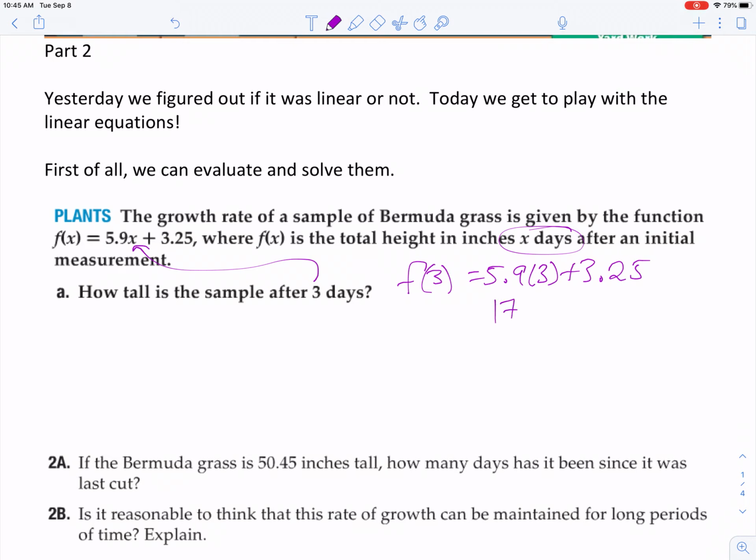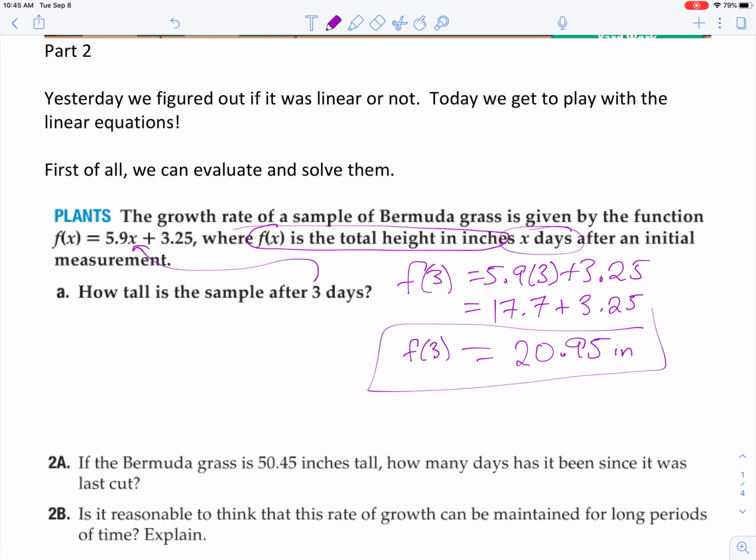That should give me 17.7. Okay. And now I think I'll just add those together, and that's going to give me 20.95. Now, it does tell me f of x is the total height in inches, so that means my label should be inches. So after 3 days, the height is 20.95 inches.